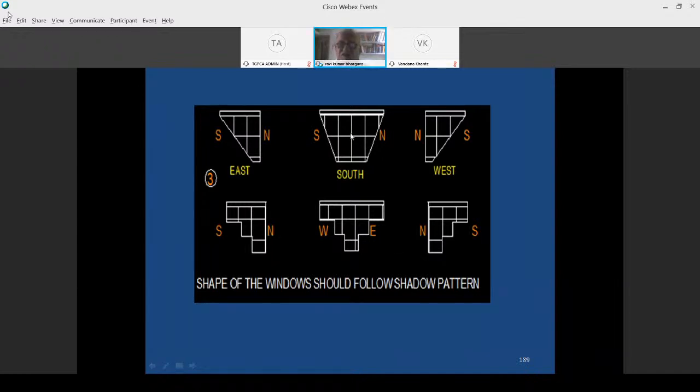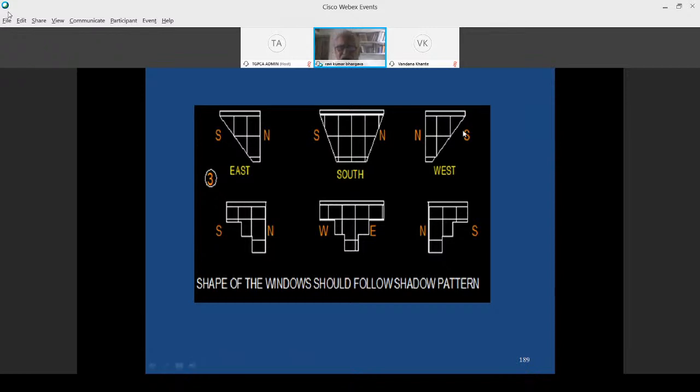Whereas for the southern window, in morning and afternoon, the triangular portion will be exposed to sun and the central triangular portion will remain in shade all the time. So let our window shape follow the shape of that portion which will remain in shade for most of the time. So the above triangular shape or the bottom triangular shape, this one we can adopt for our window shape. The same thing will happen for the window towards the west side.